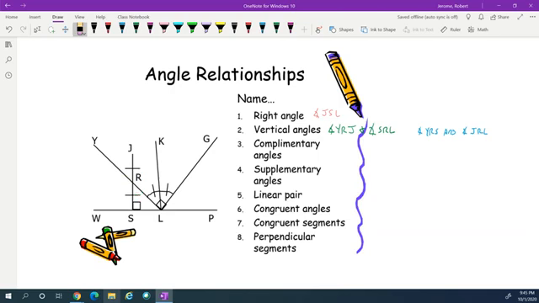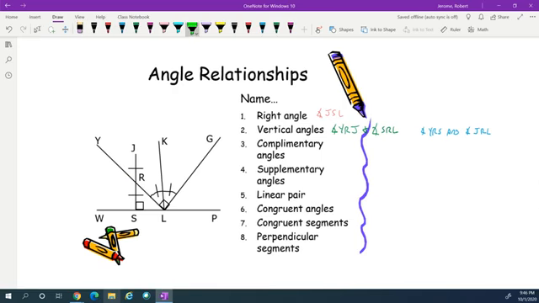Complementary angles. Remember, complementary angles means two angles that total 90 degrees. And again, there's a few examples here. But one easy example is we have a big right angle here. And it was split in two. Well, that means together those two angles have to add to 90. So we might use the two little angles.